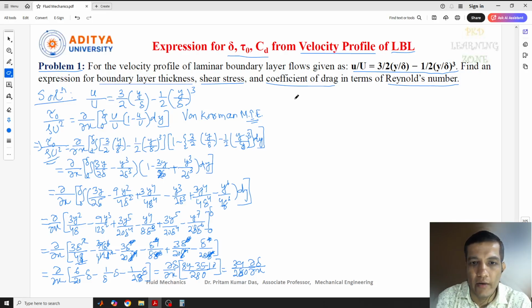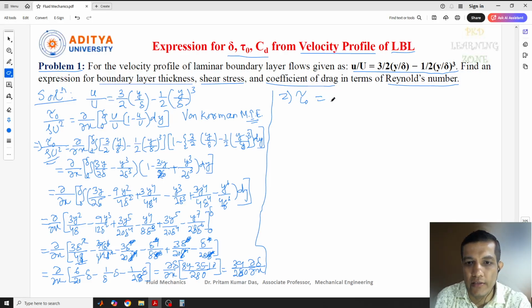Now again what I'll do here, I'll just put a line here, and again I'll write the equation that was there, tau naught. So tau naught by rho u square was there, so I'll take rho u square to the other side, rho u square, again this is 39 del of delta by del x.